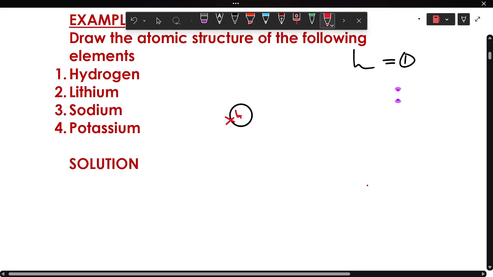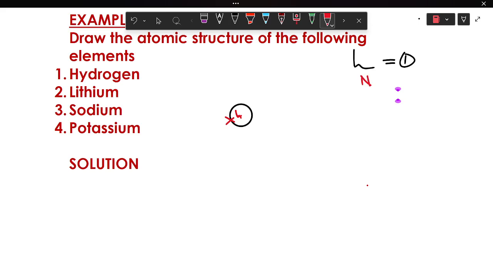Sodium is number, yeah? 11, right? Yes, 11. So first of all, we'll draw a nucleus, right? With how many? 2.